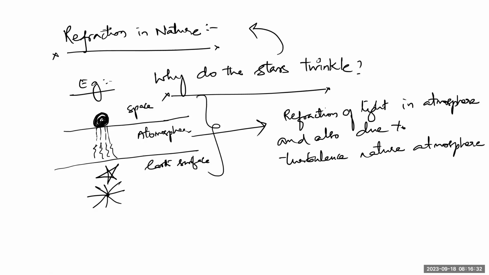Due to the difference in the speed of the wind and the light, refraction takes place. That is what we call turbulence.